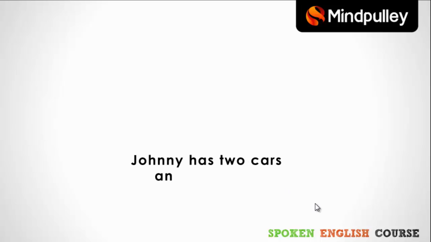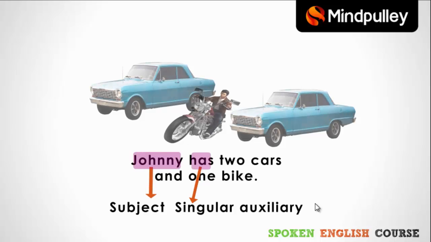Johnny has 2 cars and 1 bike. Now, you will have a doubt that cars is plural, why has is used as an auxiliary verb. Note that Johnny is the subject in this sentence and it's singular, so we have used has as a singular auxiliary verb.